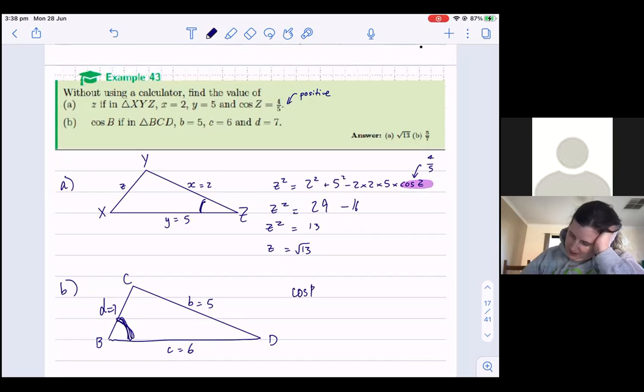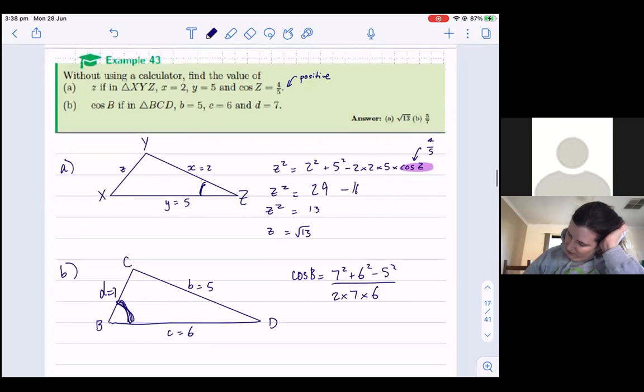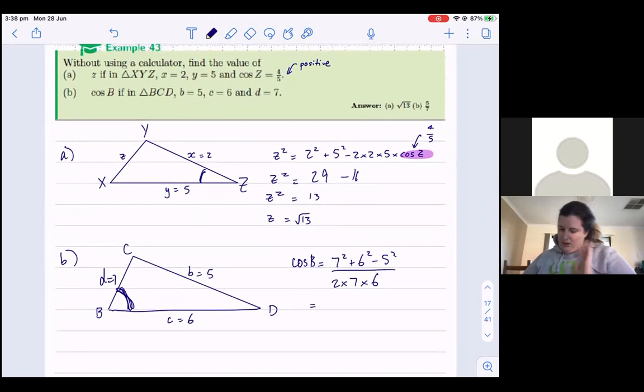So cos of b is 7 squared plus 6 squared, take 5 squared, on 2 times 7 times 6. You've just got to make sure the 5 is opposite it. That's a calculator job. We get 5/7.